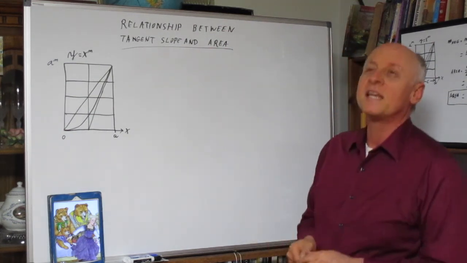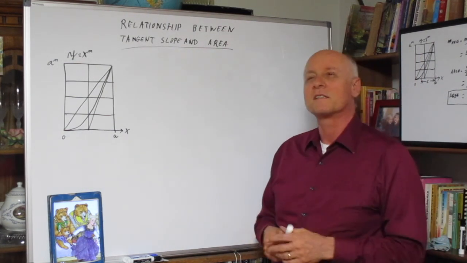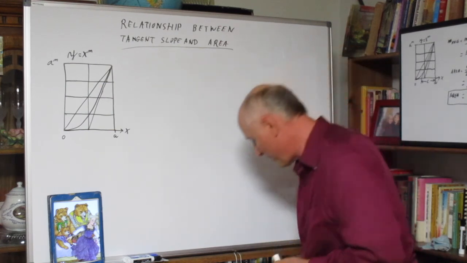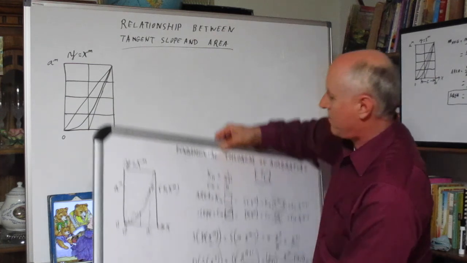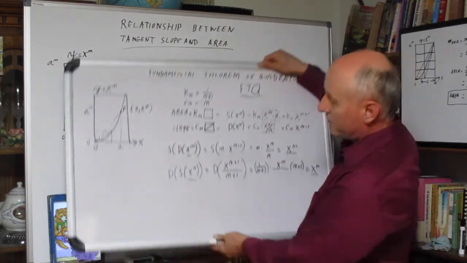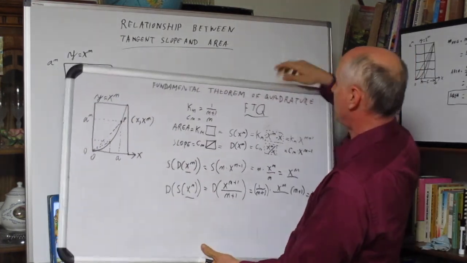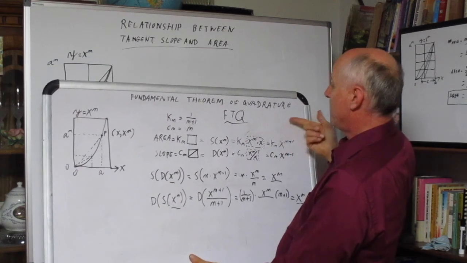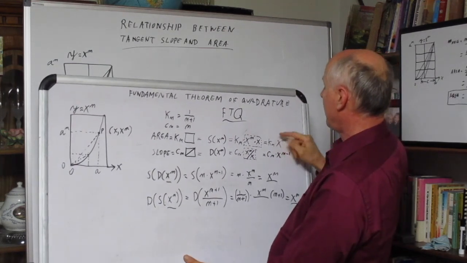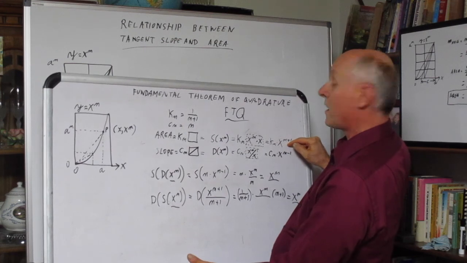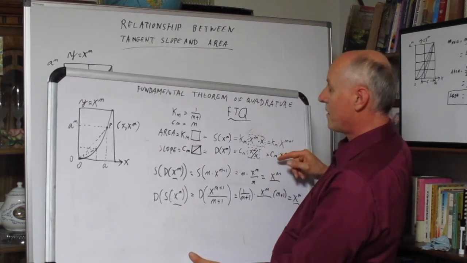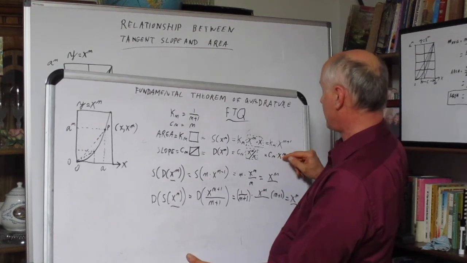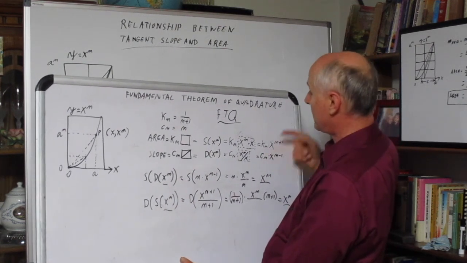You already have seen a relationship between areas and slopes last time. Well, let's see. What did we have? Look at this. Here's an example of a relationship. This area is basically x to the n plus 1 times k sub n, and the tangent slope is x to the n minus 1 times c sub n.